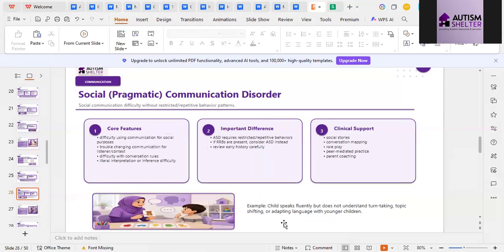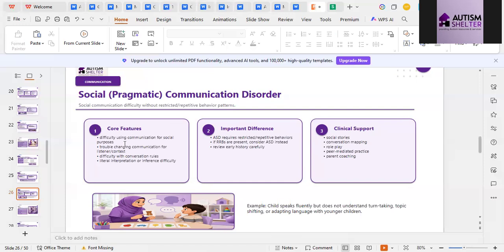Then there is social communication disorder. Social, we can also call it pragmatic, because we have to work on sentence formation for communication. It is social communication difficulty without restricted repetitive behavior patterns. For ASD, there are restricted and repetitive patterns of behavior and deficits in social interaction and social communication. So they have the social communication issue, but they don't have restricted repetitive patterns of behavior.